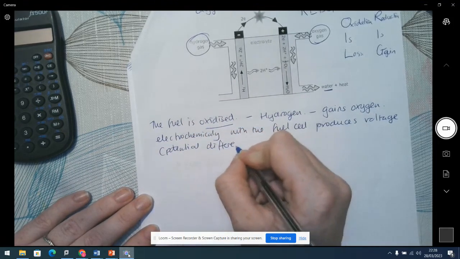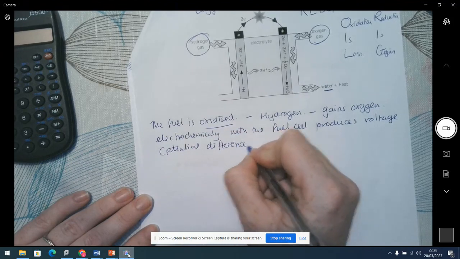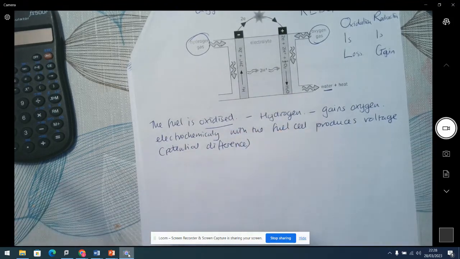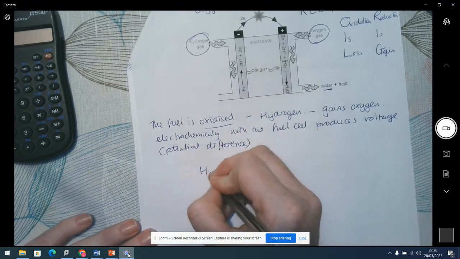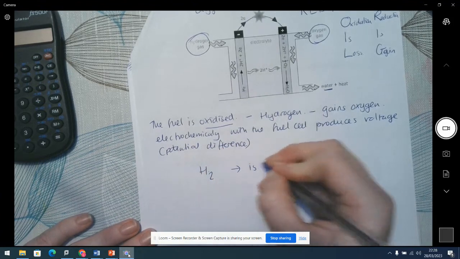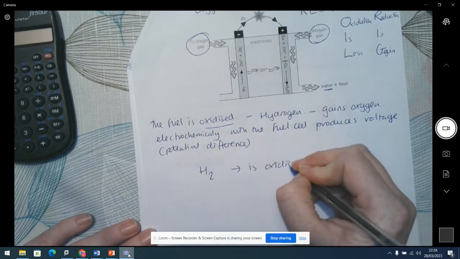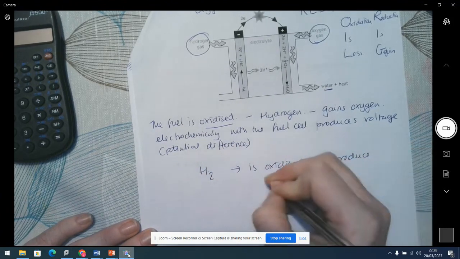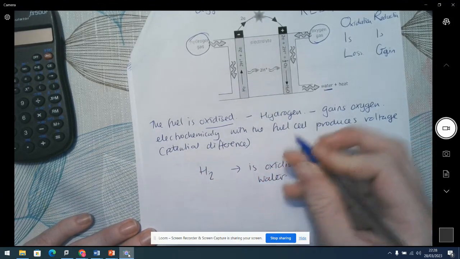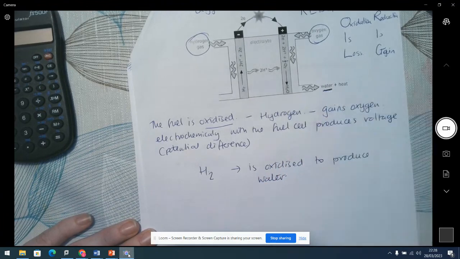So that therefore will allow electrons to flow, because we need that potential difference in order for current to flow. So the hydrogen gas is oxidized to produce water. And you can see that quite clearly here, that water is a byproduct of that reaction.